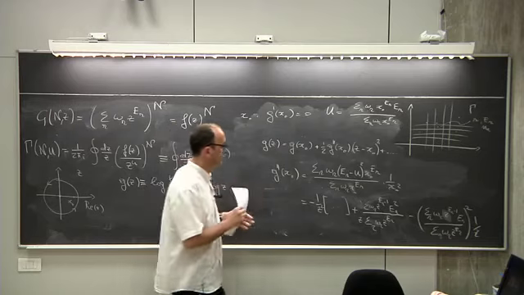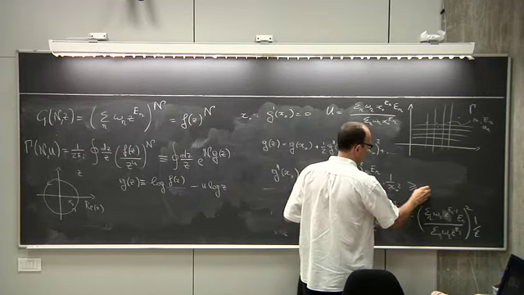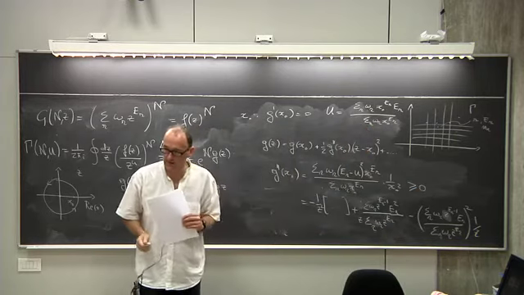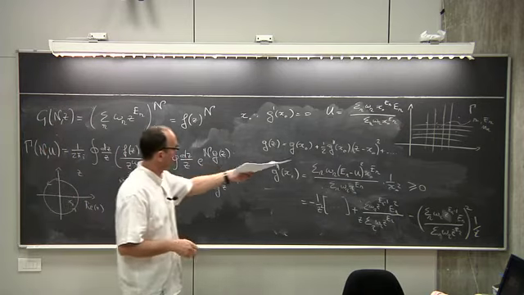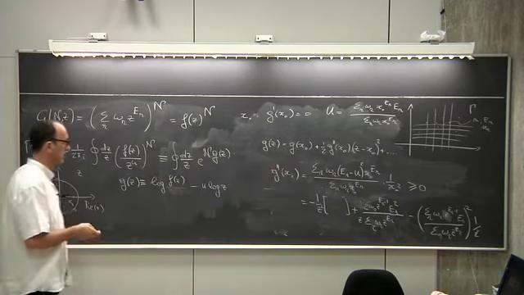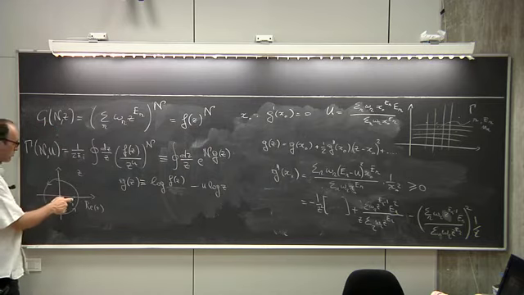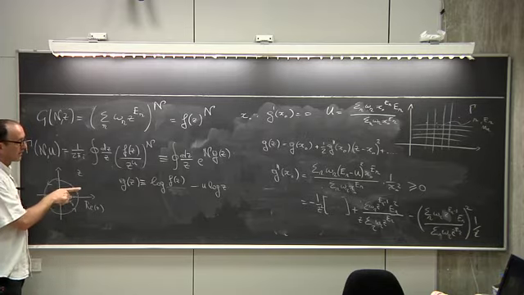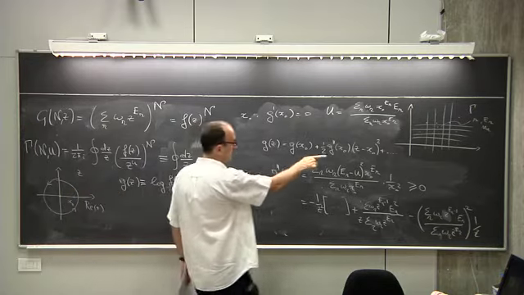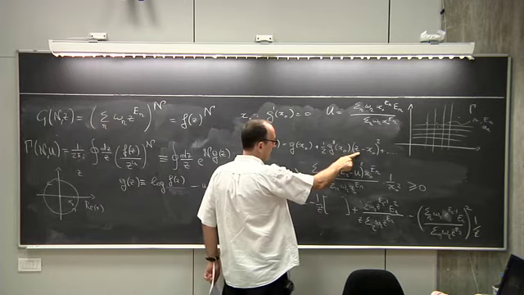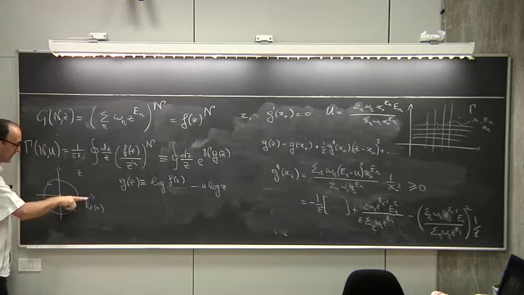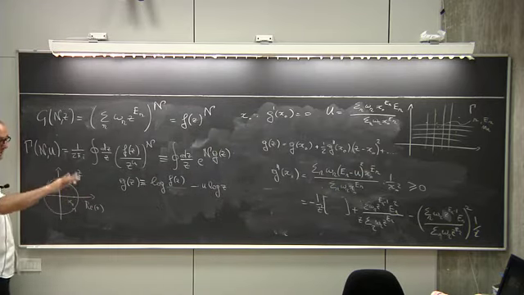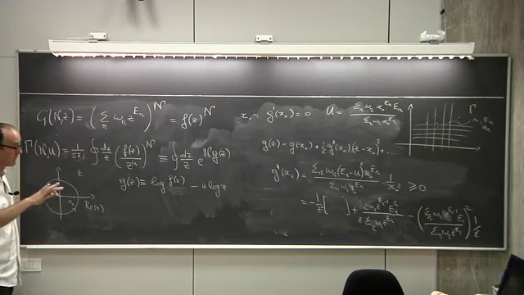The important point is that this is a positive quantity. What I want to show you is what happens in the neighborhood of this point. This is positive in the sense that if z is real, along the real axis, then this will be a minimum because the second derivative is positive.